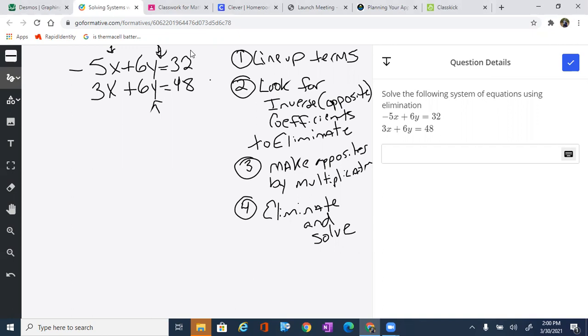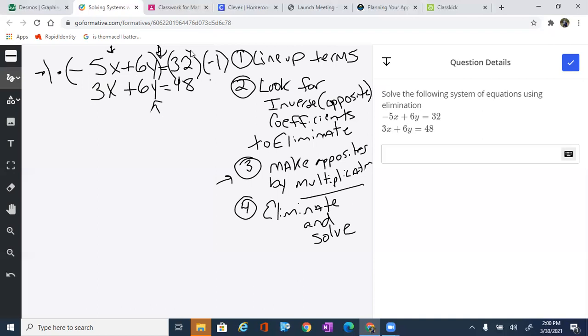So what we're going to do is jump down into step number 3, which is make the opposites by multiplication. So I'm going to choose the first equation to become a negative 6. And in order to do that, I'm going to have to multiply the equation by -1. And what I do to one side of an equation, I am going to do to the other side of the equation.